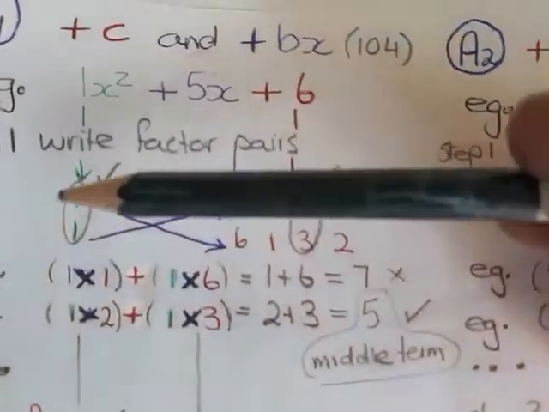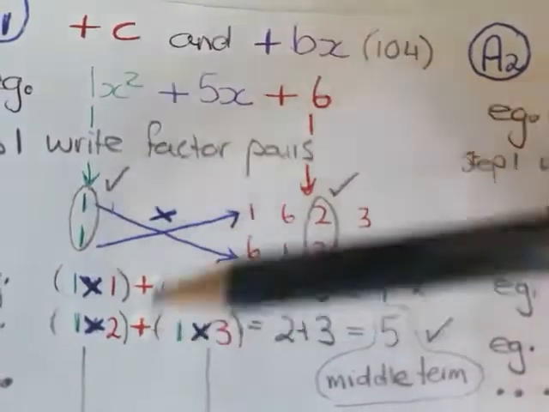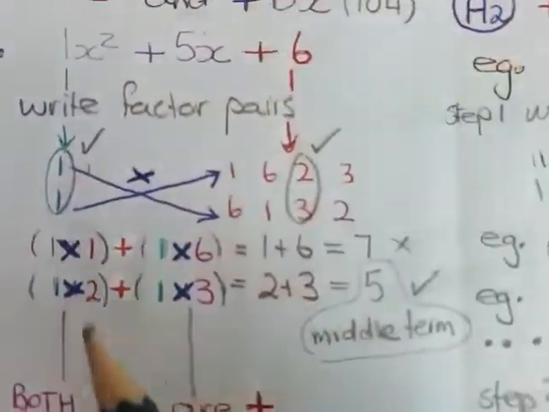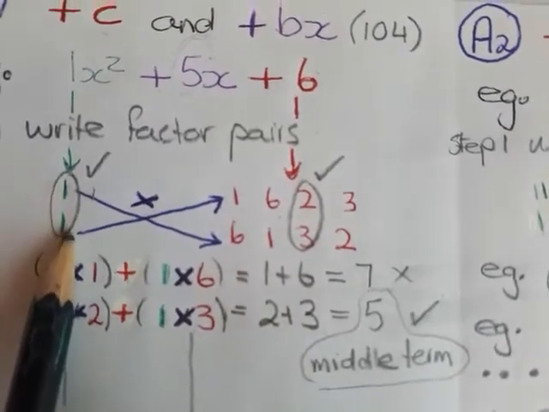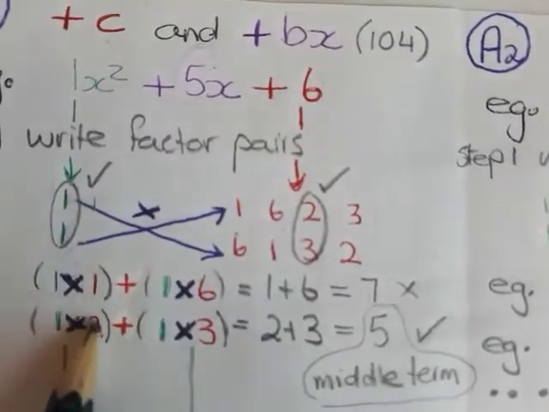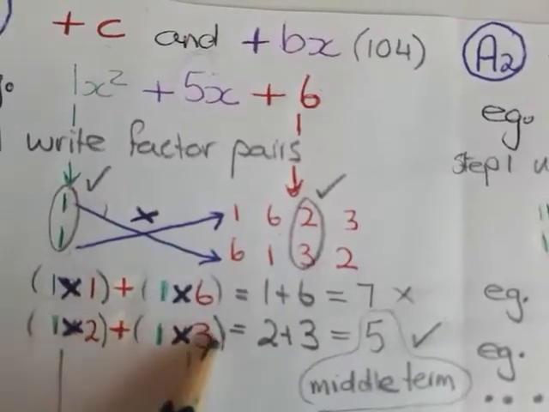So now I have chosen the 1 and 1, and 2 and 3. So you multiply 1 times 2, and then 1 times 3.